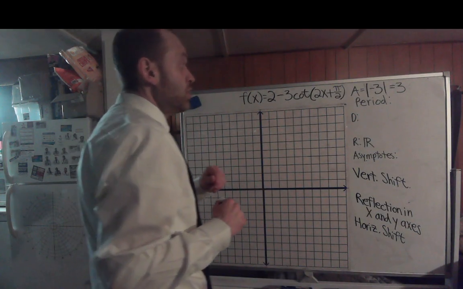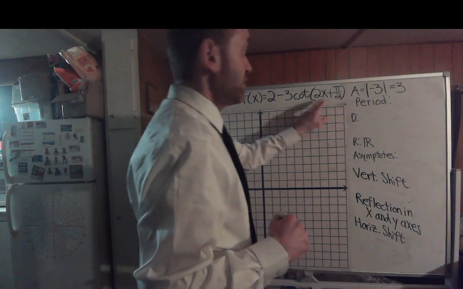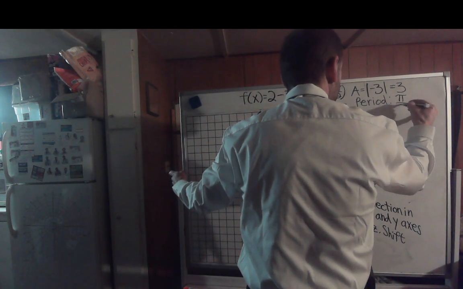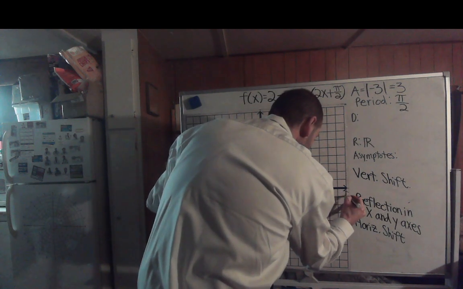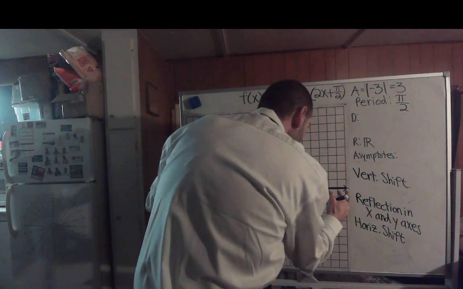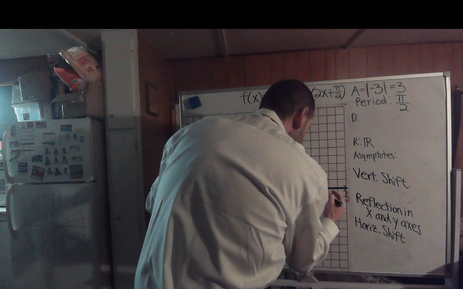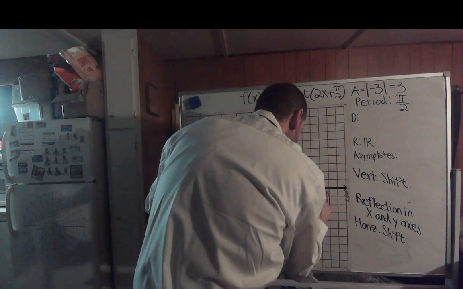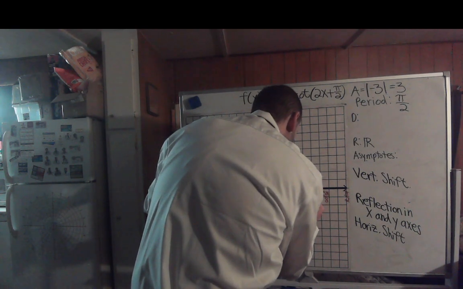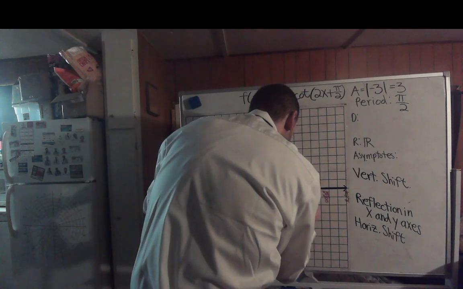Now, what about for the period? The coefficient on x is 2, so you take pi divided by 2, well, that's your period, is pi over 2. At this point, we have enough to label the x-axis. So here's 3 pi over 8. Here's pi over 4.